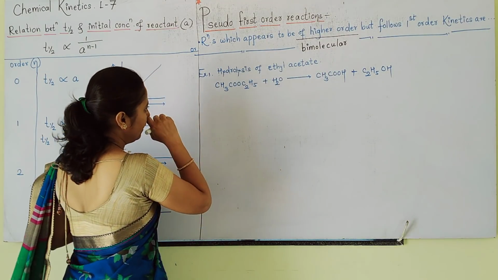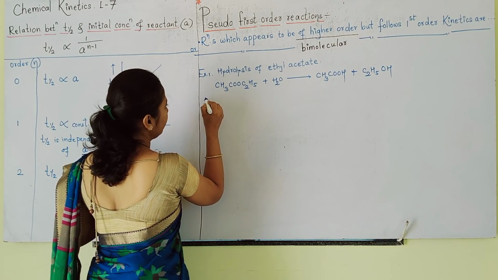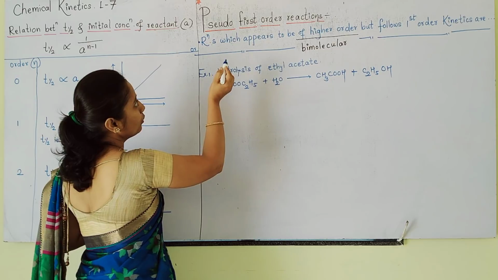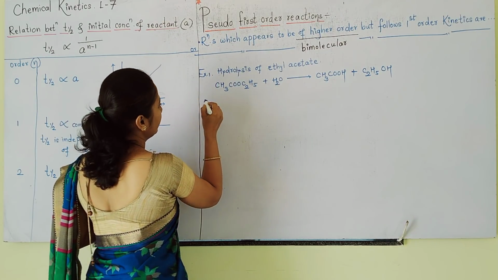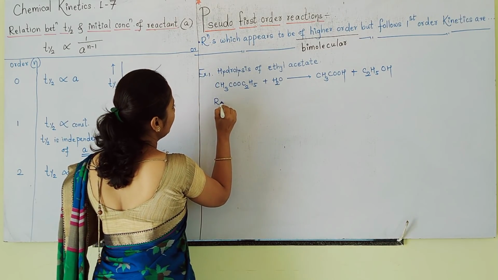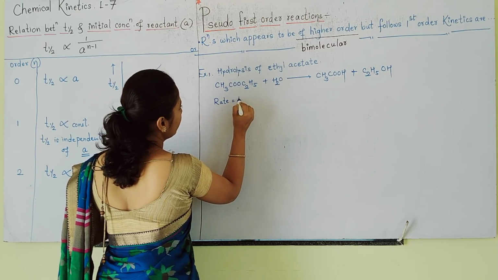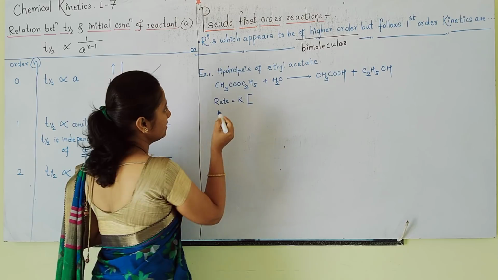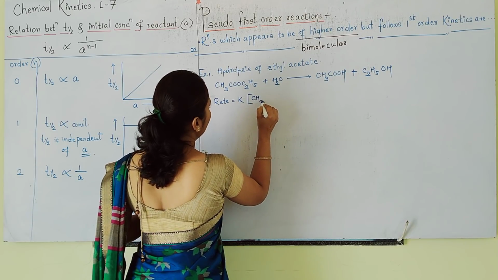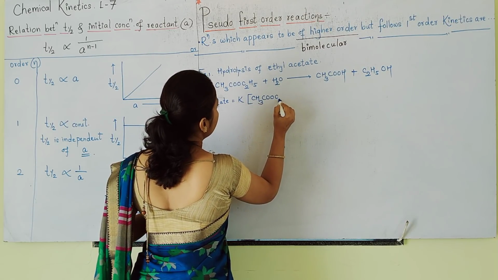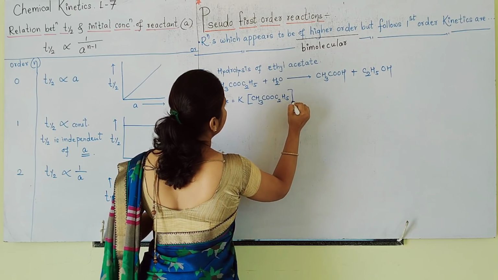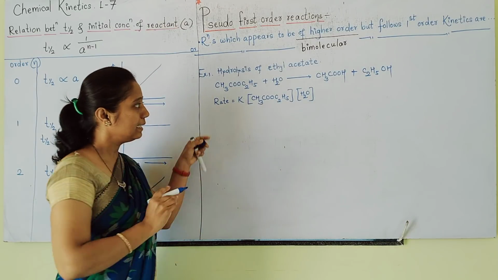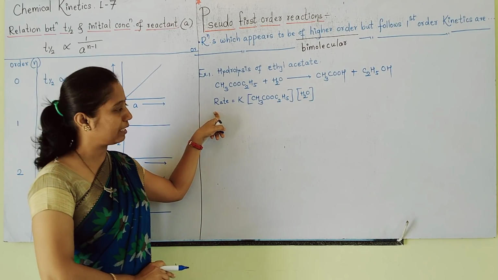If we write the rate, CS student, you have to write a little explanation to show that it is pseudo first order. If we write rate according to rate law, rate is equal to k and molar concentration of only reactants. Two reactants are there, I wrote two reactants. This is our rate law or rate expression.